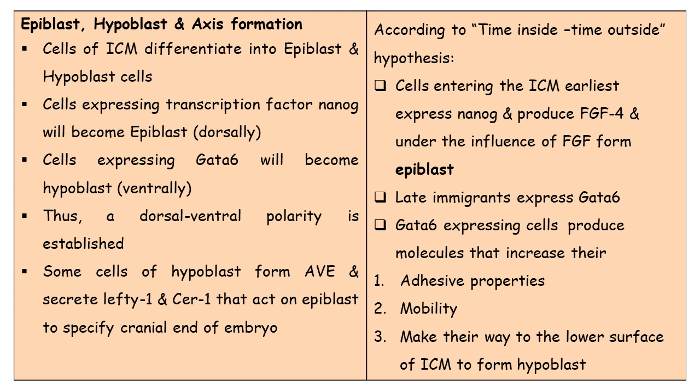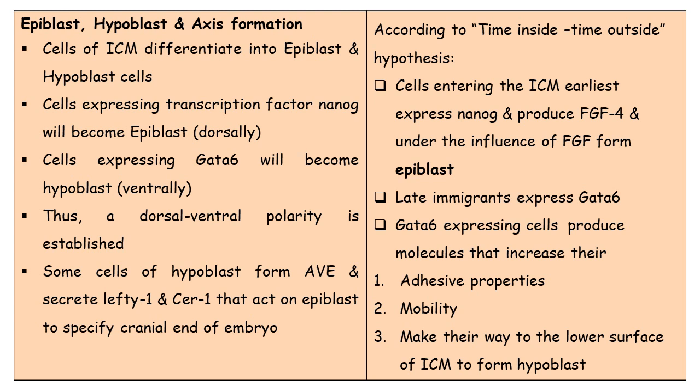The cells of the inner cell mass have the same genetic material, but still there is a difference in gene expression. So the cells expressing the transcription factor Nanog will convert into epiblast cells, and the cells expressing the transcription factor GATA6 will ultimately become the hypoblast cells.